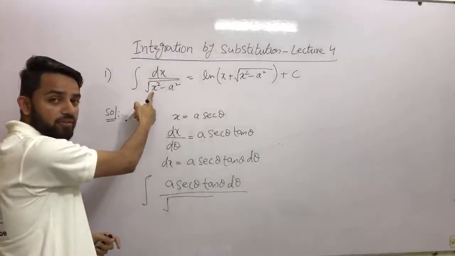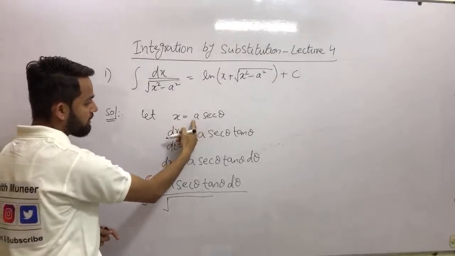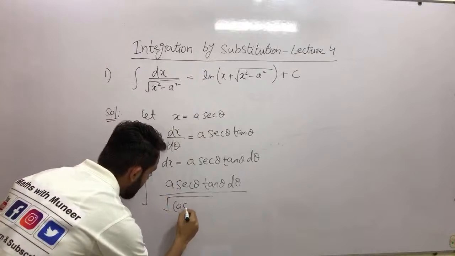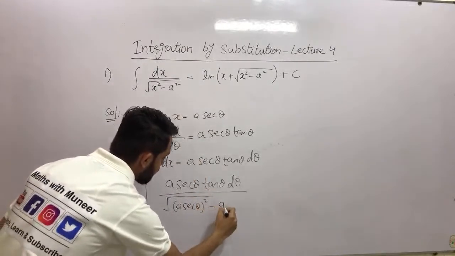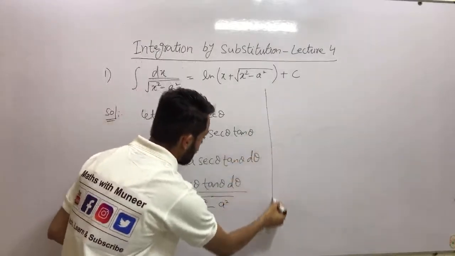Now instead of writing x square, I will put the value of x, which is a secant theta. So x is a secant theta squared, then minus a square. Okay, so now I can draw a line.